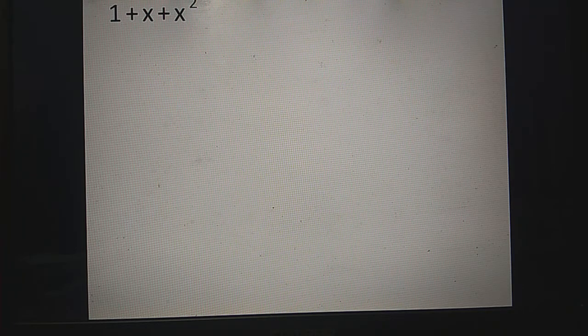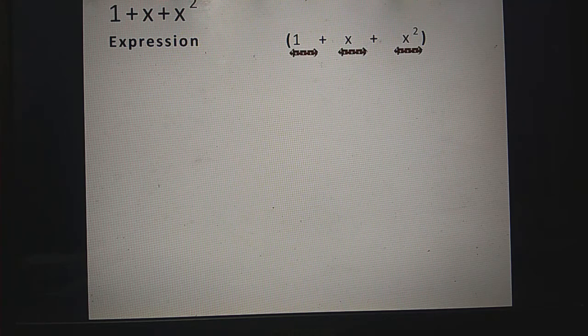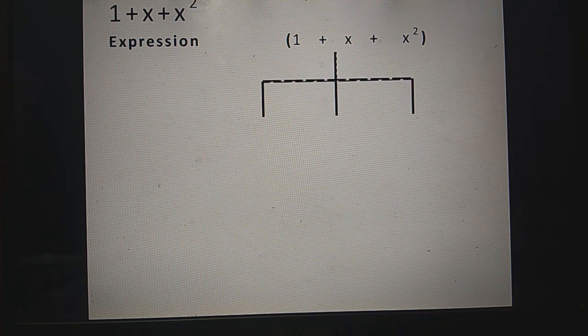Moving to next, your next expression is 1 plus x square. As you can see, how many terms are there? Yes, there are 3 terms. 1, x and x square. So here you will draw 3 lines to show terms. Terms are 1, x and x square. Now how will you show 1 in the factor?